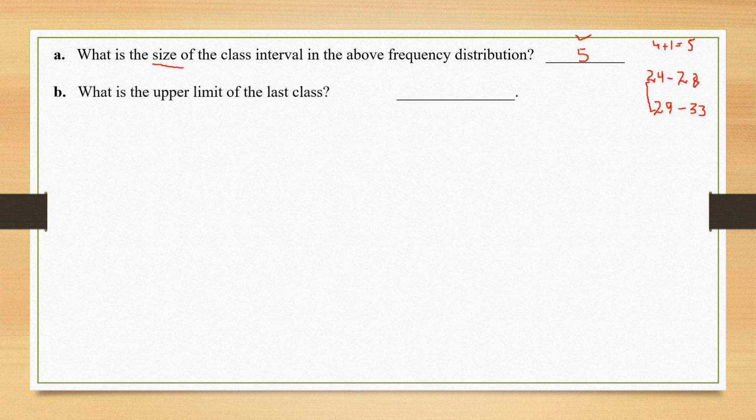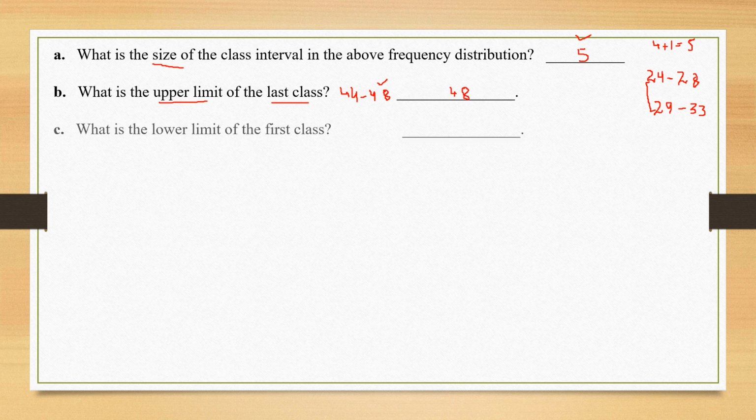Now my dear student, look at the second part B. What is the upper limit of the last class? The last class which we have is 44 to 48. This one is our last class. So what is the upper limit? The upper limit, definitely the answer will become 48.